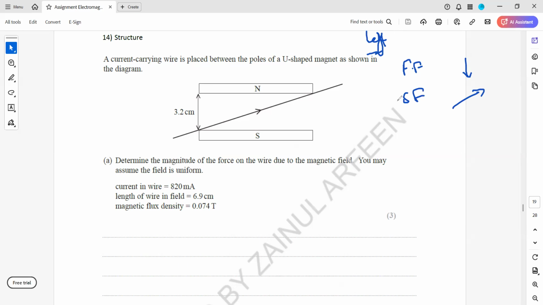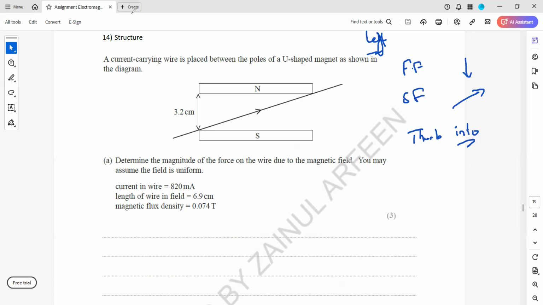Where your thumb is pointing, that is the direction of the force. So using Fleming's left hand rule, we can see the direction of the force. Good, that's right. It is pointing into the page, so the force is into.